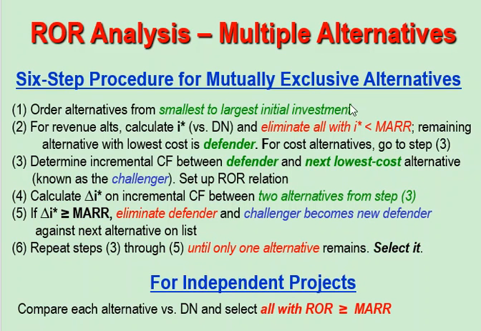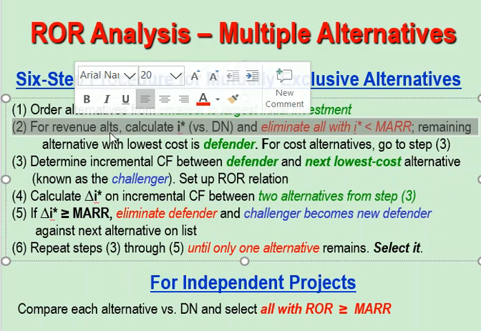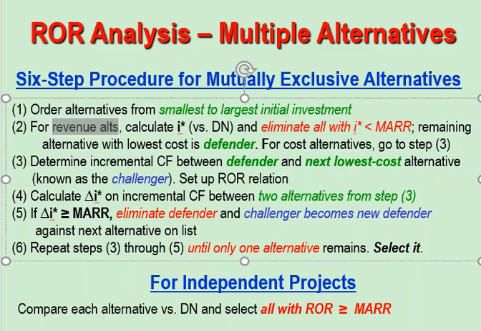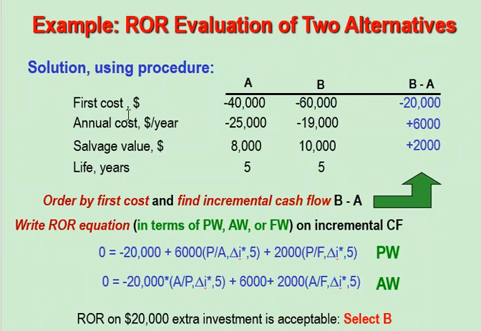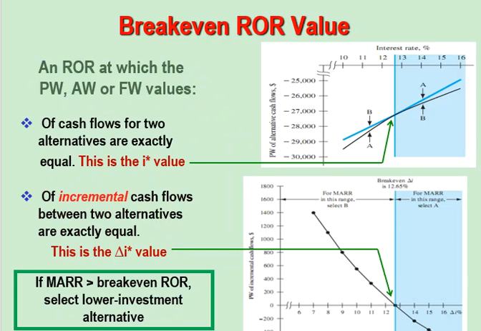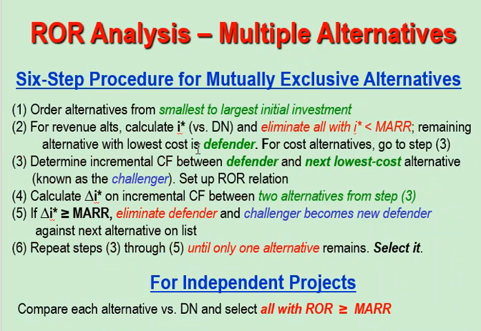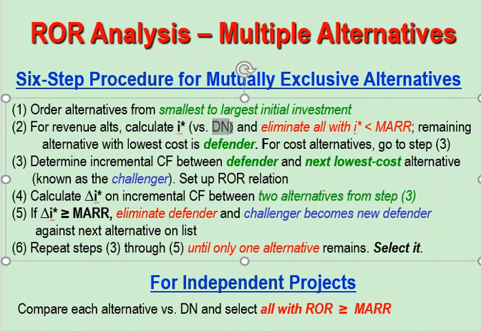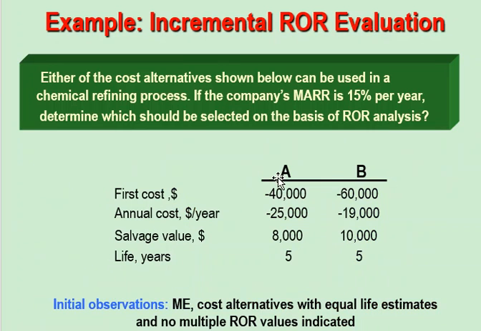Just a quick note: for revenue alternatives, we do not have just annual costs, we might also have annual revenues. Keep in mind that in certain situations when we have revenue alternatives, I have to start with do nothing. Rather than starting with A, the first one will be do nothing.